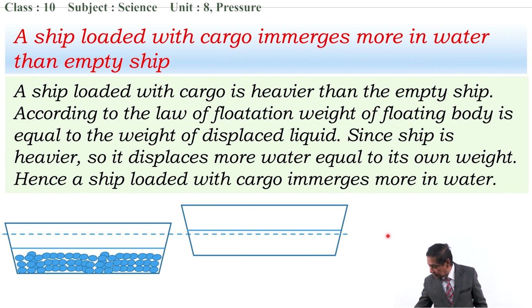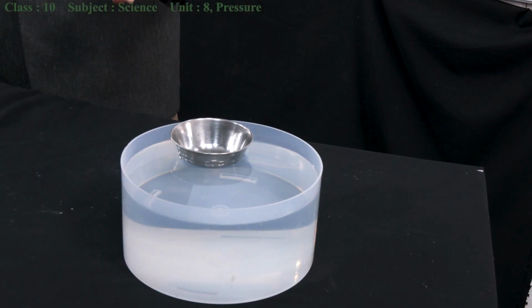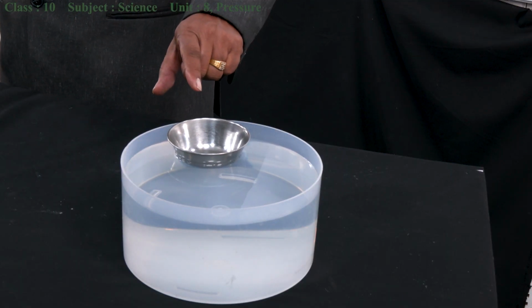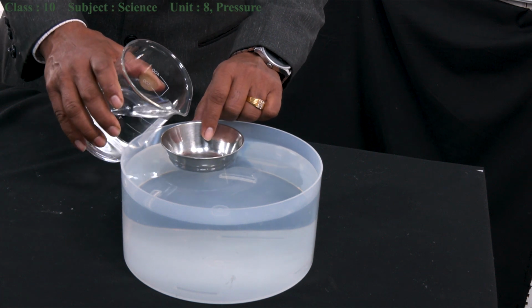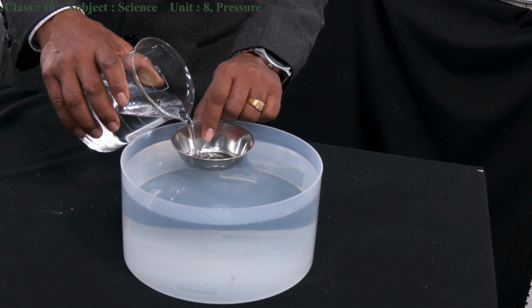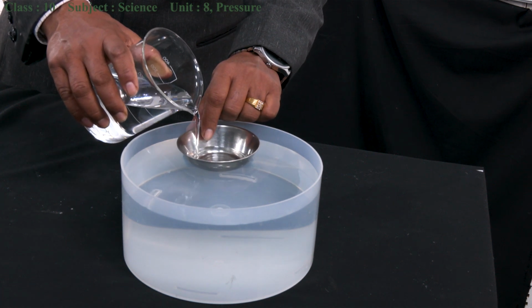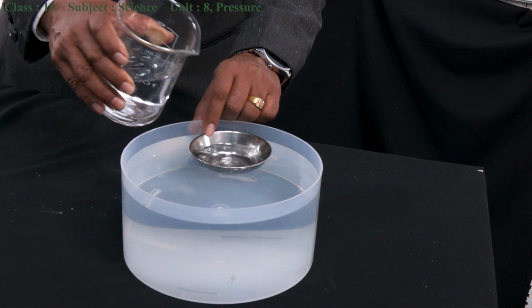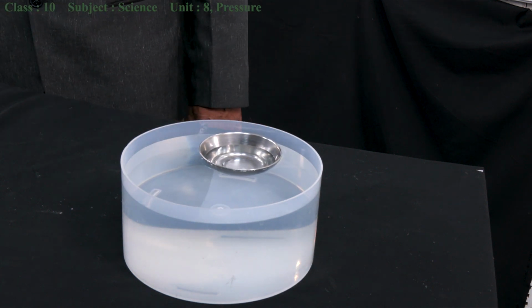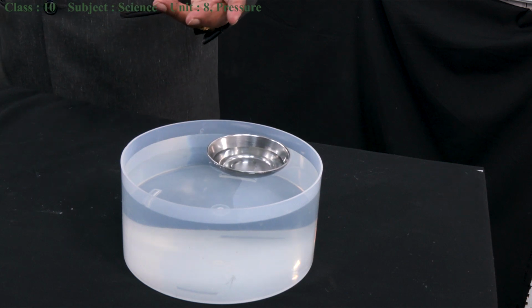Why don't we see this practically? Okay, look at this bowl. It is empty. And if I add some water in it, look at this, now it is immersing more and more. Why is it immersing more? The reason is very simple.